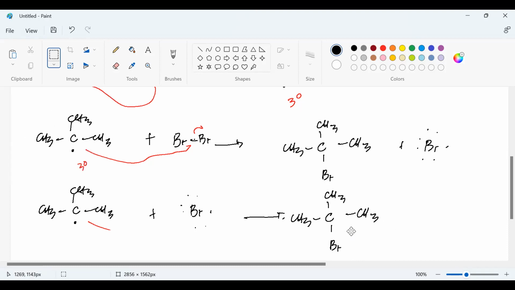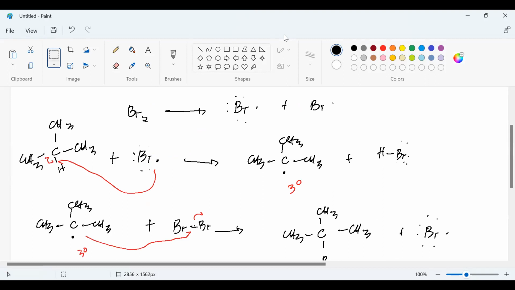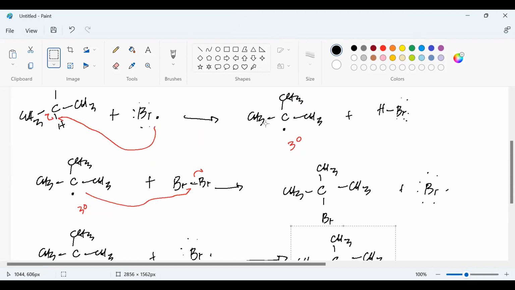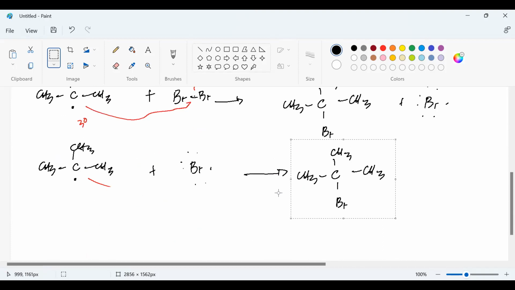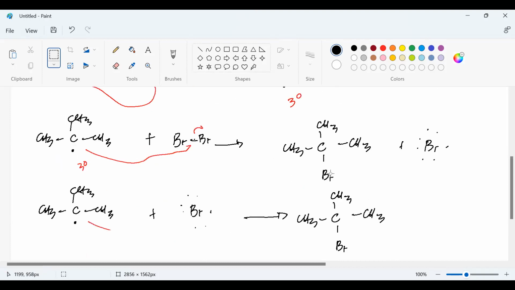So what I'm trying to show here is that in the process of forming our alkyl halide, we always have to consider the kind of radical that we produce during the reaction. So here again, you have a 3-degree radical, which is much more stable than if we form a 1-degree radical. So this one is our product. Okay. This is one of the termination steps.